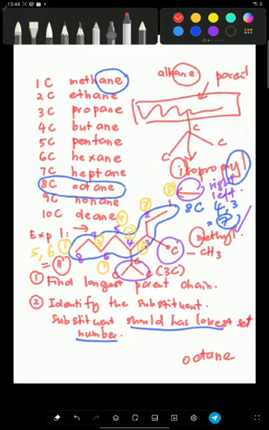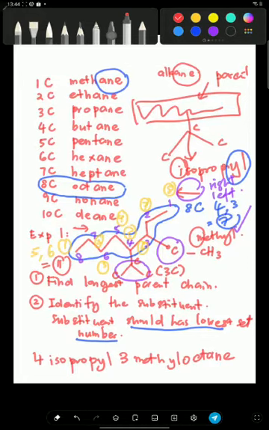But you need to arrange the substituent name based on alphabetical order. So you need to write down isopropyl first. Isopropyl and methyl. Then you need to put the location of the methyl and isopropyl. The location for isopropyl is 4. The location for methyl is 3.